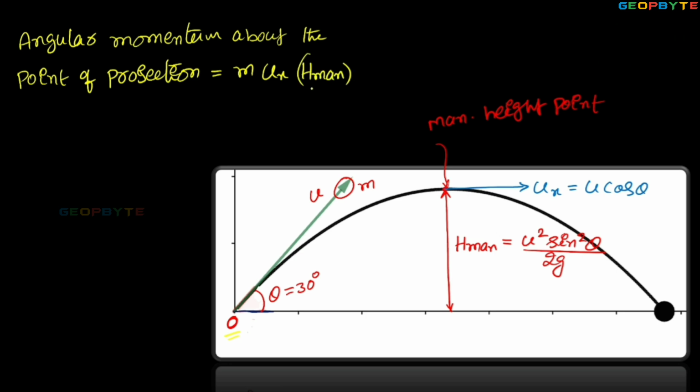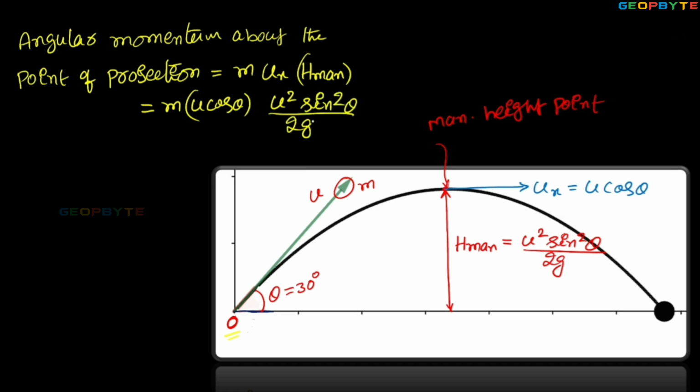Okay. It is equal to mass into the horizontal component of velocity, u cos theta, into maximum height, which is u square sin square theta by 2g.